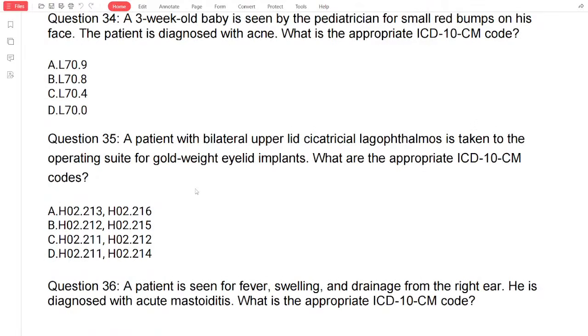35. A patient with bilateral upper lid blepharochalasis, treatment for operating evidence. Pramod, C correct answer?